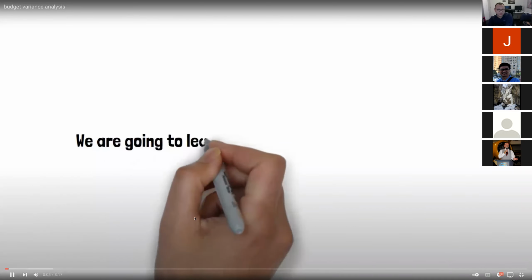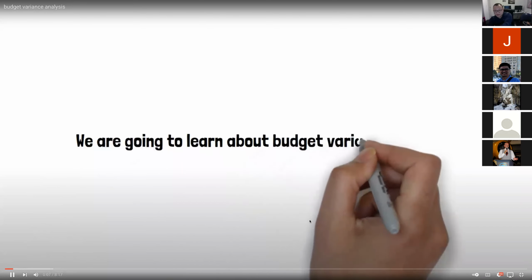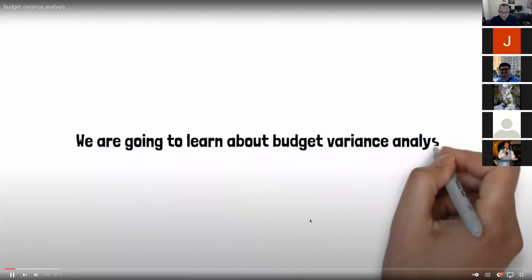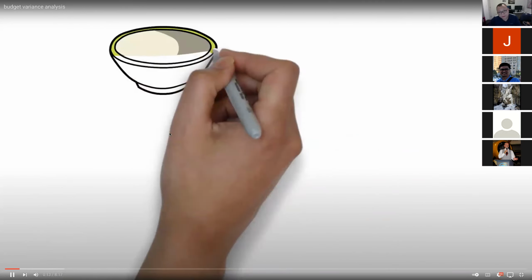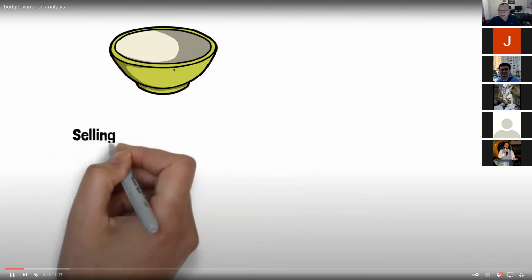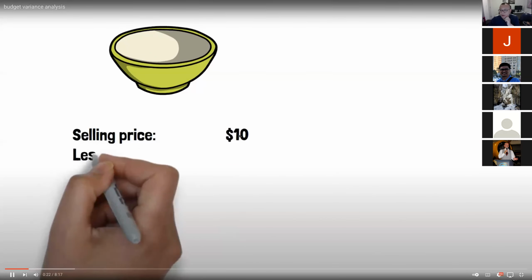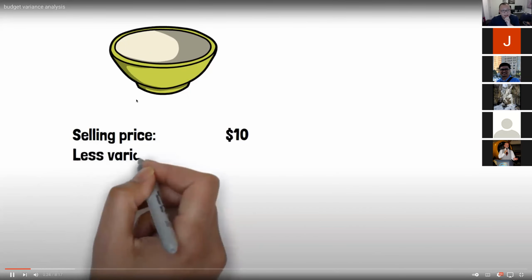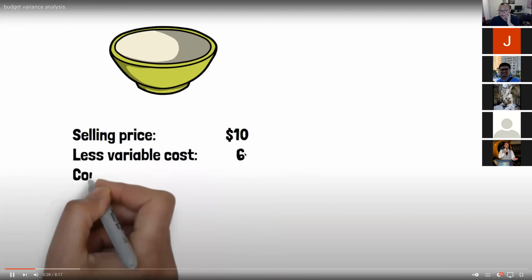So we are going to learn about budget variance analysis using one example. For example, you are selling this bowl. Suppose the selling price is $10 for each, and we assume the variable cost is $6.